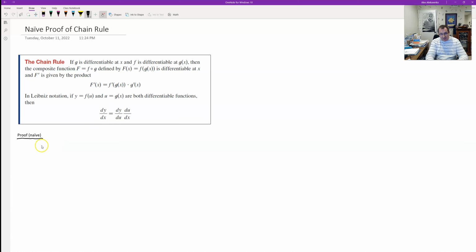So we will start from assuming that function f is differentiable and function g is differentiable. All of the conditions of the chain rule are satisfied, and we will consider a composition of the two functions. And what we would like to do is evaluate the derivative of that composition.